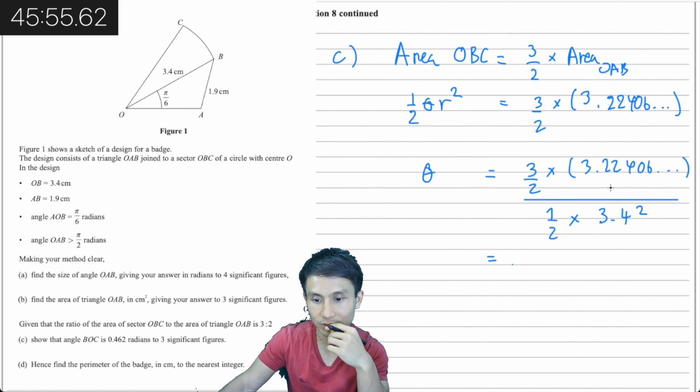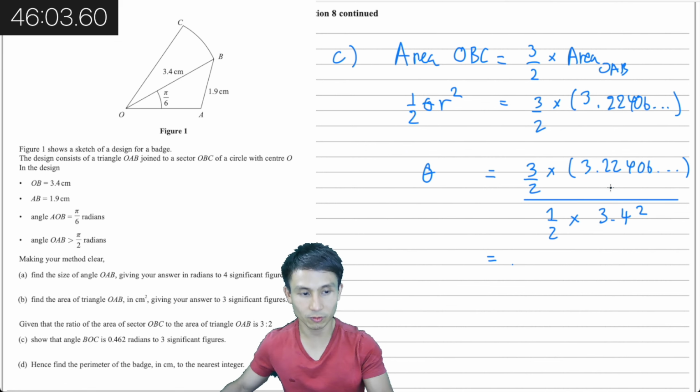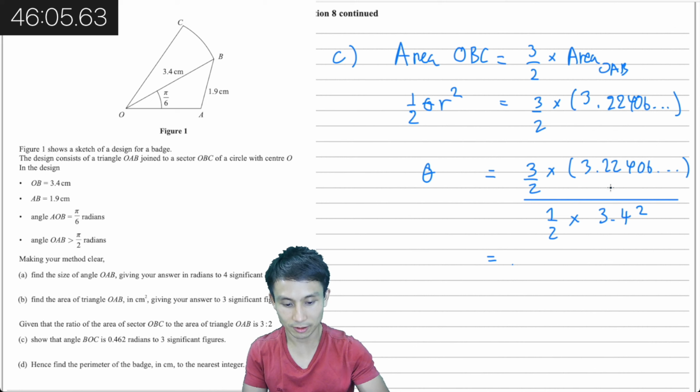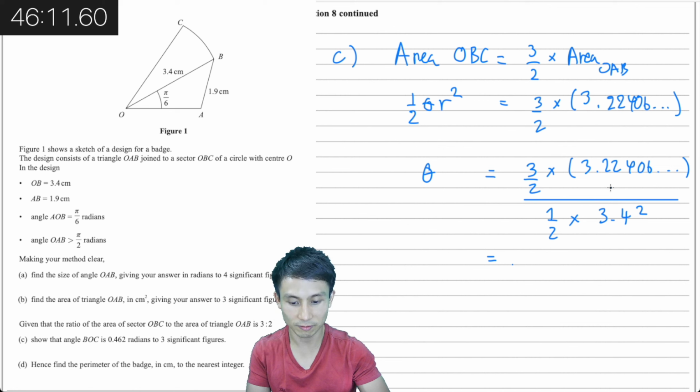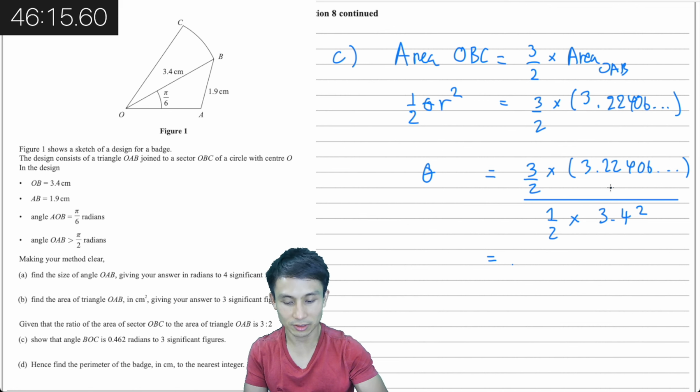Okay, this is weird now. Okay, what did I get again? 3/2 times 3.224, and then that's 0.5 times 3.4 squared.